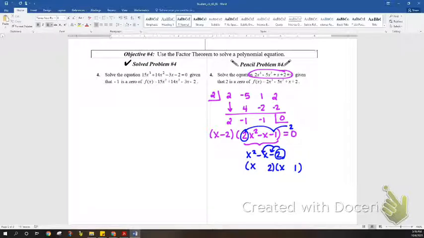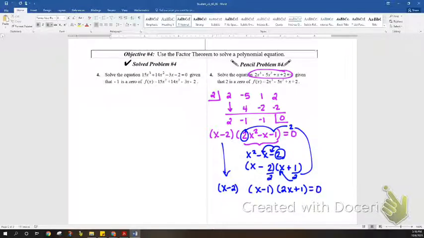So 2 and 1. The 2 has to be negative and the 1 is positive. Don't forget, because you multiplied, you have to divide back out. So we get x minus 1 times, that doesn't reduce, so put the 2 in front of the x, so 2x plus 1. And don't forget to bring down your x minus 2. And it's all equal to 0.